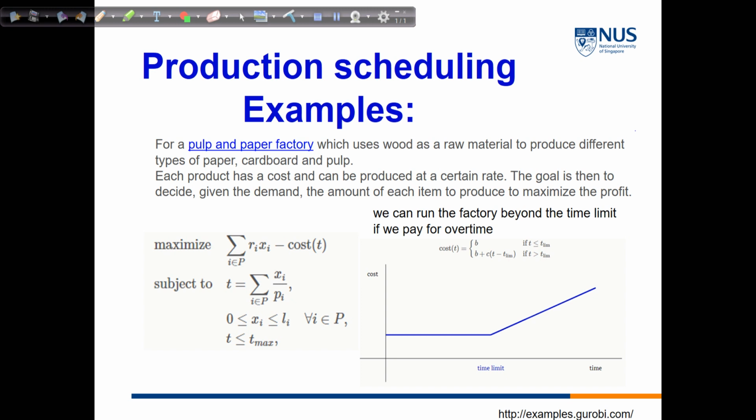And if you look at the website, you know the given conditions. The cost function is given using this curve here, constant in the first phase up to the time limit t-lim, and a straight line, a linear function, in the second phase.